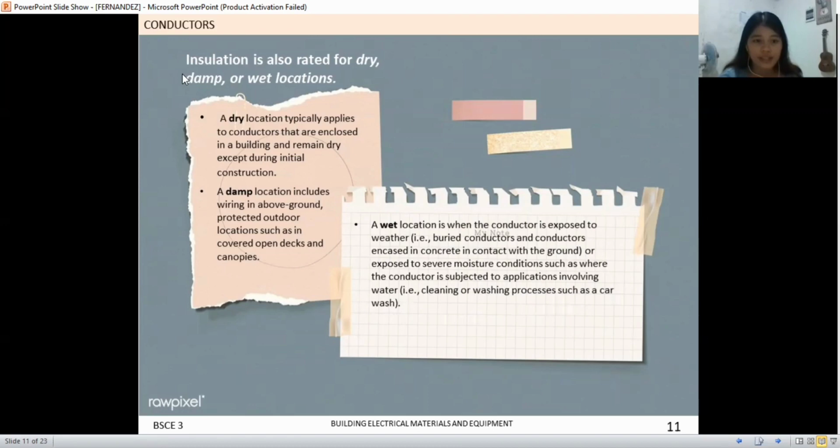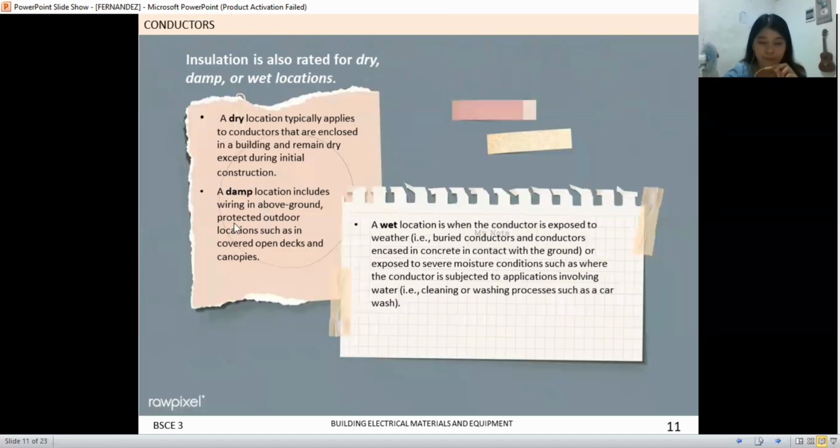So we have three installation locations which are dry, damp, and wet location. So ang dry, mao na siyang location na not normally subjected to wetness or dampness, ibig sabihin uga.